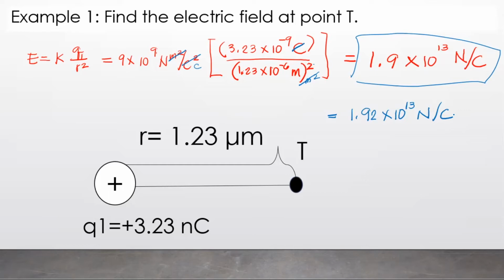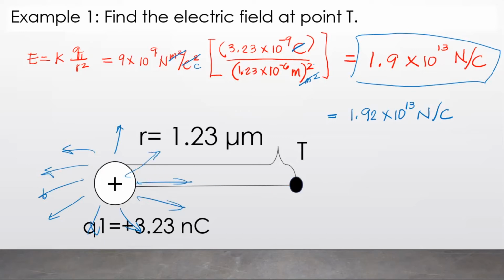Let's analyze the direction since electric field is a vector quantity. As we said earlier, if the charge is positive, the direction is outward. The arrow goes outward up to the test charge.